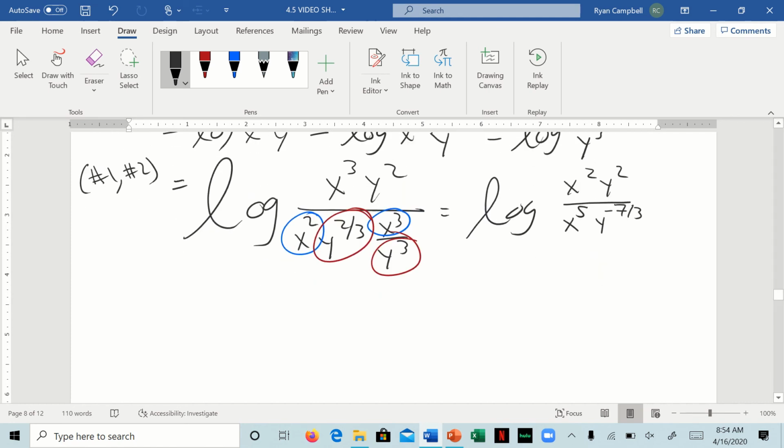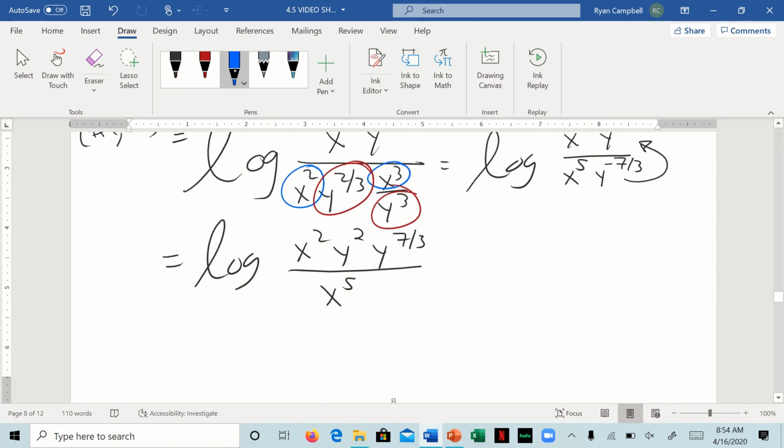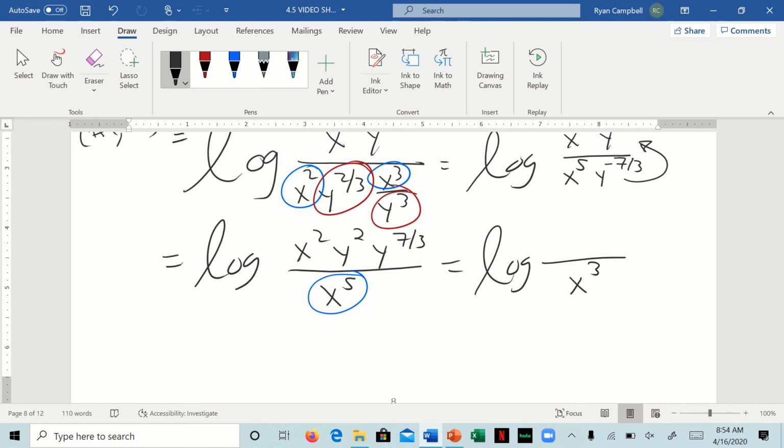Good. So, simplifying it more, right? We can move the negative exponent on top, so we get x squared, y to the 7/3 over x to the 5th. So, since 5 is on the bottom, the easier way I think to do it is do 5 minus 2, which is 3, and put that cube on the bottom.